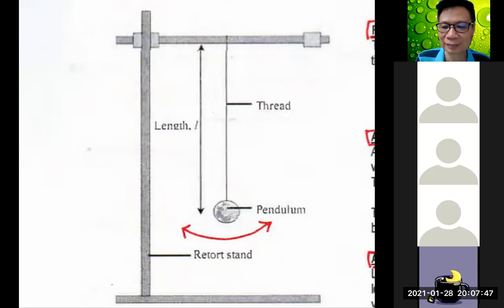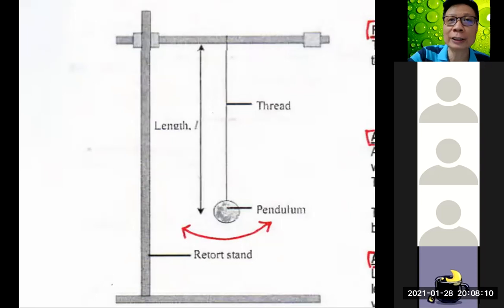For 10 oscillations, I think, because one oscillation is too short. Yes, you are very smart, Jia-He. One oscillation, I tell you, is impossible for you to measure because it's too short, too fast. Your fingers cannot respond that fast to start and stop the stopwatch.